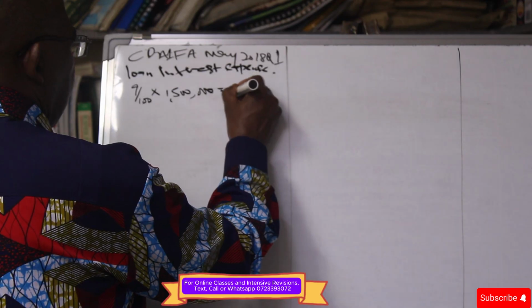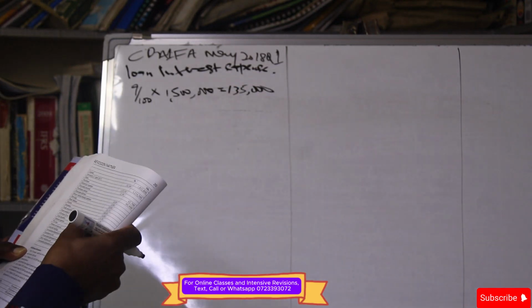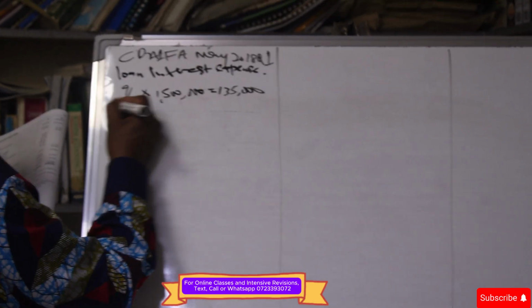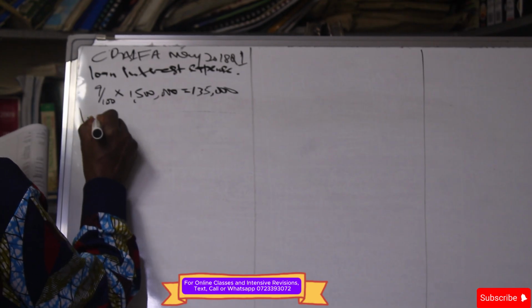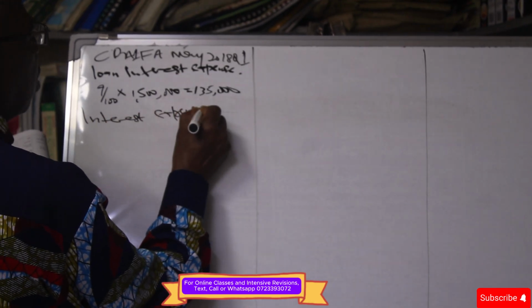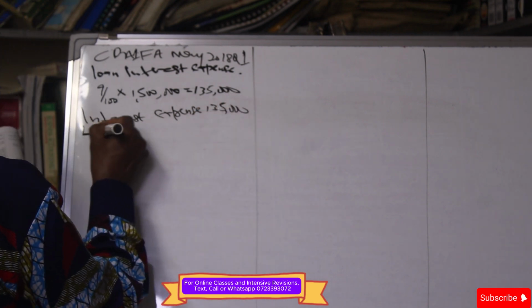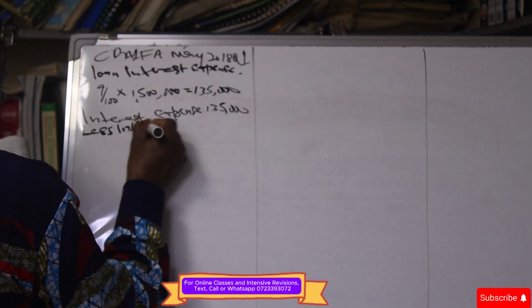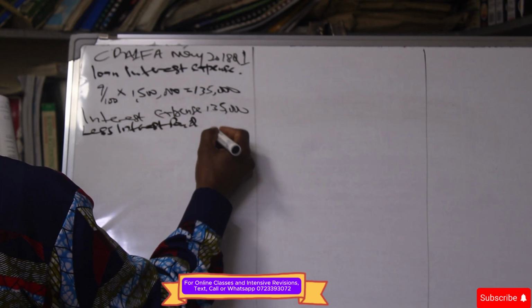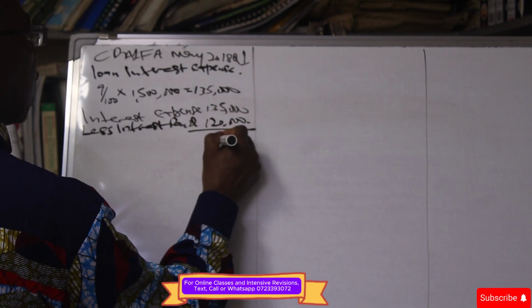We are told later in the trial balance that interest paid is 120,000. The total interest expense to charge for the year is 135,000, less interest paid of 120,000, giving a balance of interest payable of 15,000.